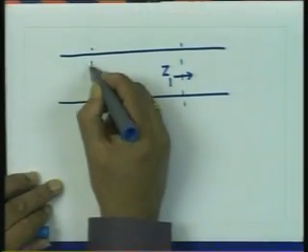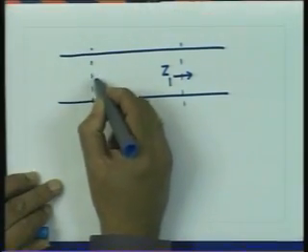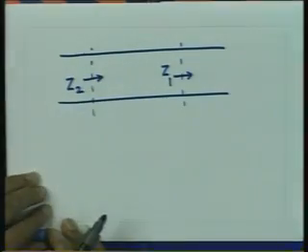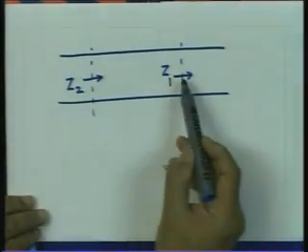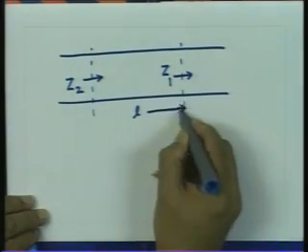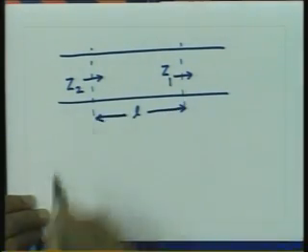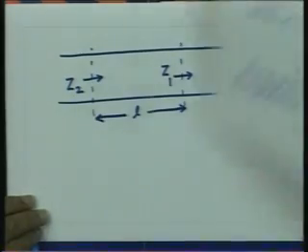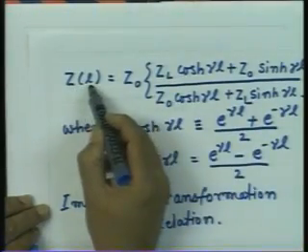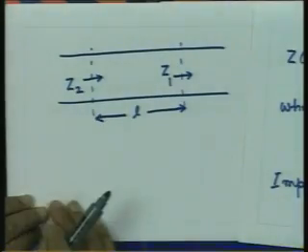If I go to any other location on the transmission line and measure the impedance equal to Z2, then I can use the impedance transformation relationship with this distance L, replacing load impedance ZL by Z1, and this ZL will indicate the impedance at this location 2.